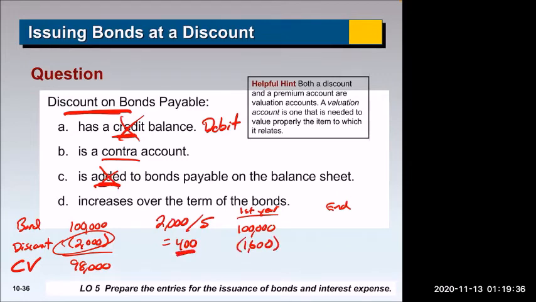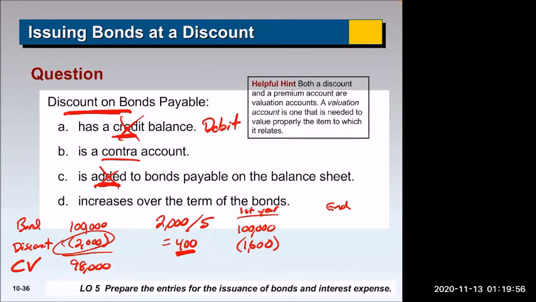Now, when I amortize it, instead of debiting depreciation expense like we would for depreciation, it essentially becomes additional interest expense.